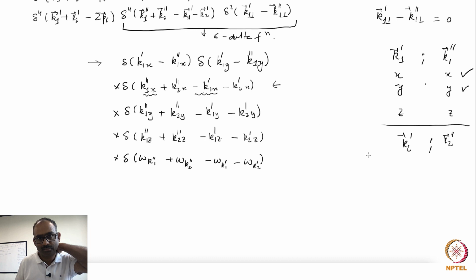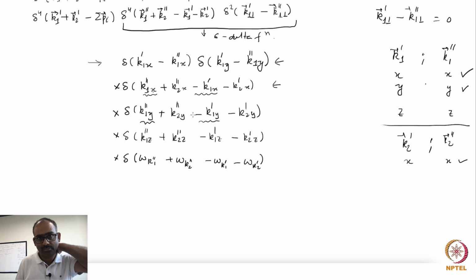Okay, so x components of K2 double prime and K2 prime, they are equal from this delta function once I use this first delta function. Okay, so x components match. How about the y components? The same thing here, K1 double prime y minus K1 prime y is equal to 0 using this delta function.